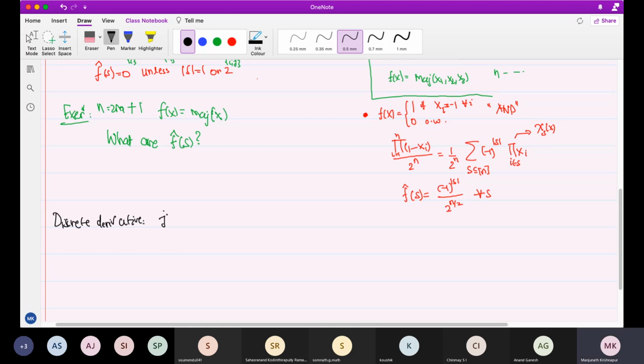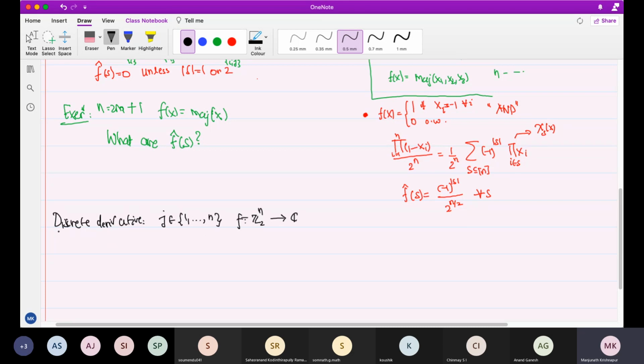So let j be any of the voters. This is not necessarily a Boolean function. f is a function from {-1,1}^n to the reals.